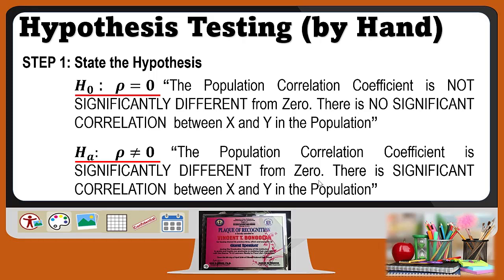So you notice guys, no? Alternative and null hypothesis were stated opposite. The null hypothesis was stated negatively, right? As you can see, there is no significance, while the alternative is positively stated. For example, as you see, there is significant.